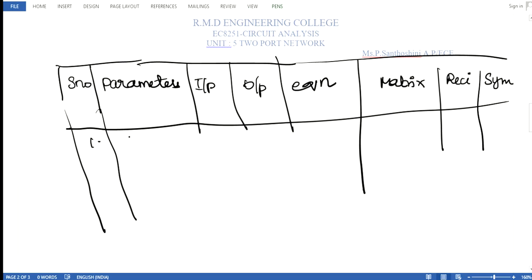What is the first concept you know? Z parameters. What is the Z parameter name? Open circuit impedance. We can discuss it deeply in further lectures.